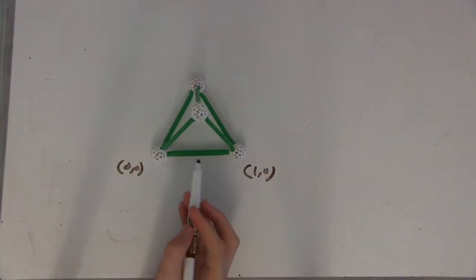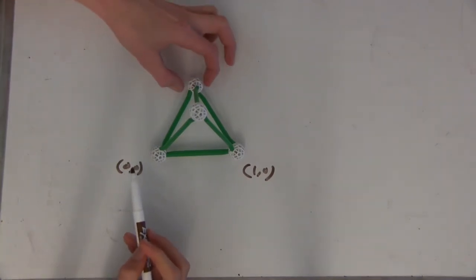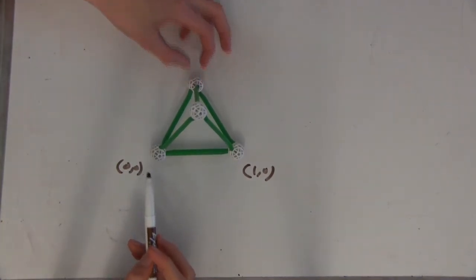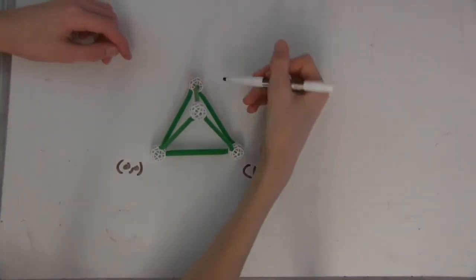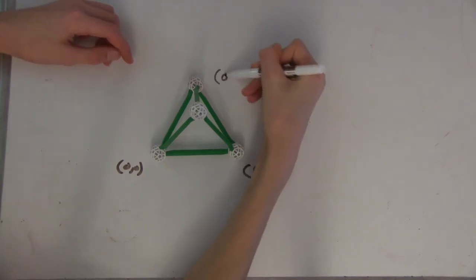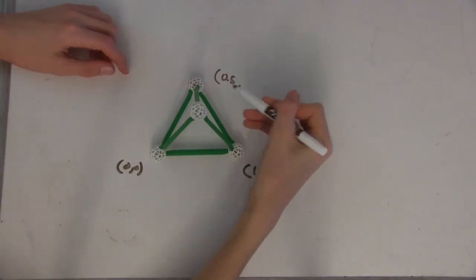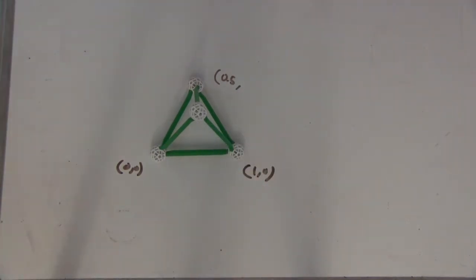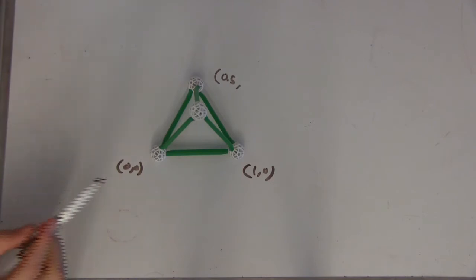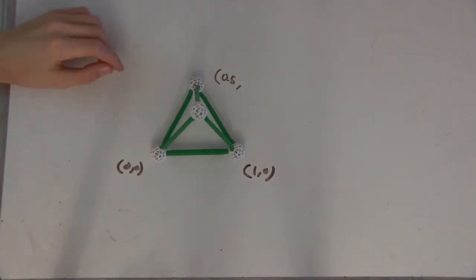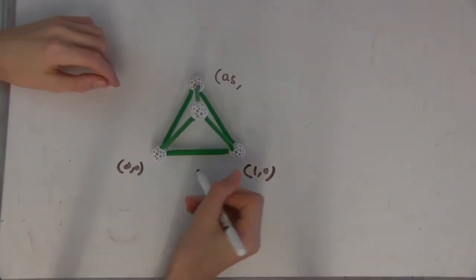And now, since this point here is in the middle, we know the x-coordinate is a half, or 0.5. We have to figure out what the y-coordinate is. So we know the triangle is going to be in the form of 1, root 3, 2.